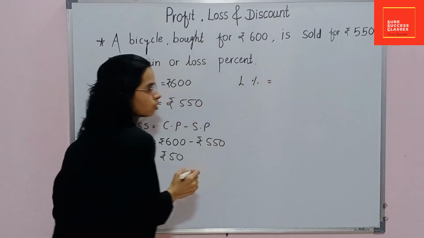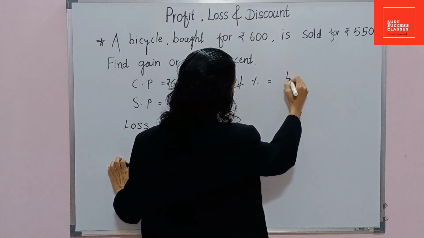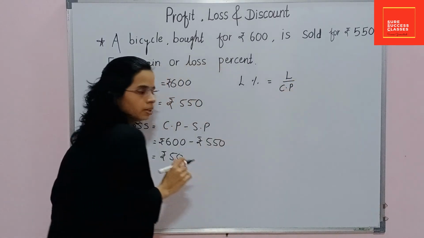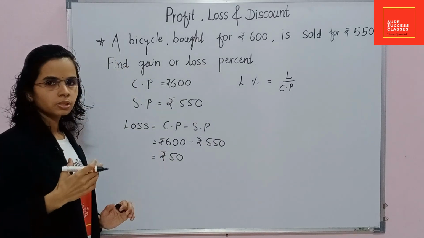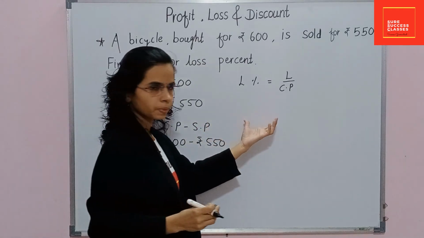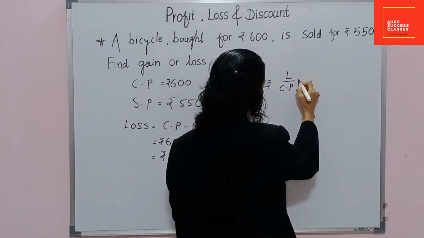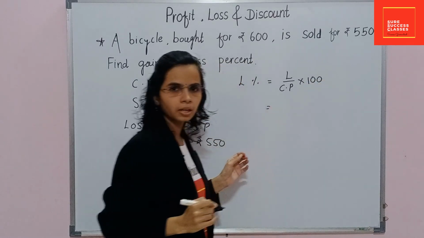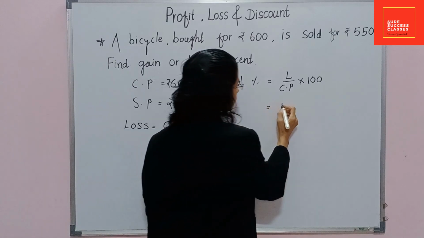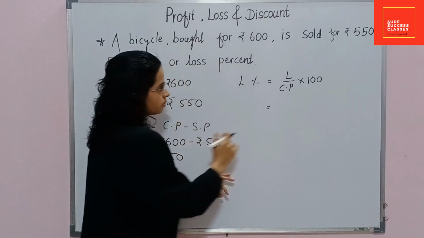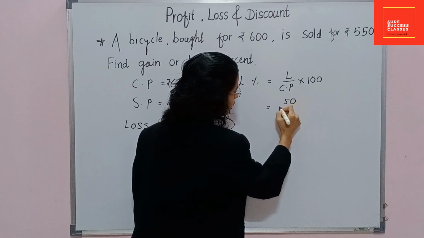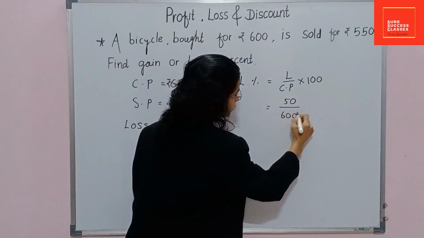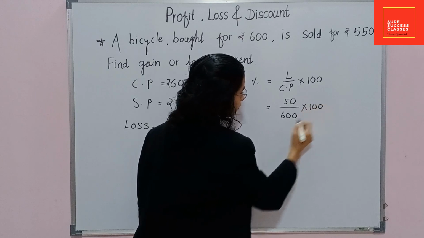and the formula for loss percent is loss divided by cost price. We will always find out profit or loss on cost price, multiplied by 100. Loss is rupees 50, our cost price is 600, multiplied by 100.